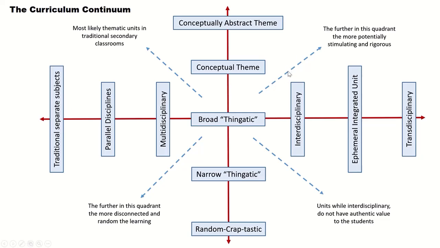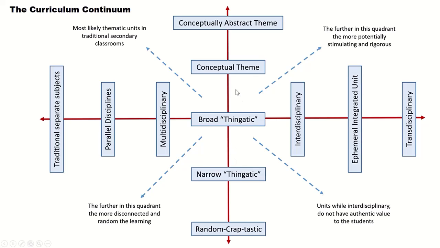Obviously that's where we want our children to get to, so that they can solve problems and find patterns and see connections. And the other thing you'll notice as you look at these ideas is that the more you get up this scale, the more authentic things seem to be.